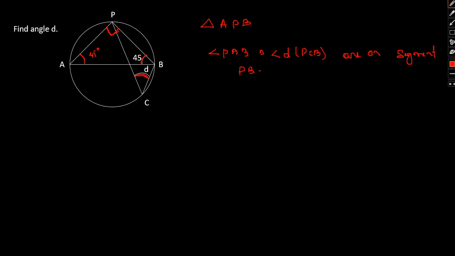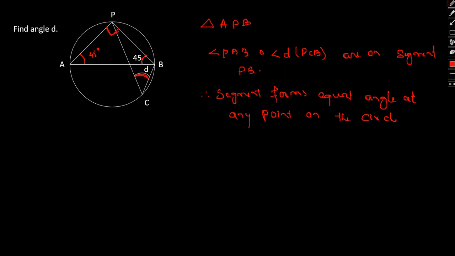So there's a basic theorem, a rule in terms of circles, that a segment forms equal angles at any point on the circle. Okay, so if we talk about segment, this is not even a segment, this is a chord. So a single chord subtends equal angles at any point on the circle.